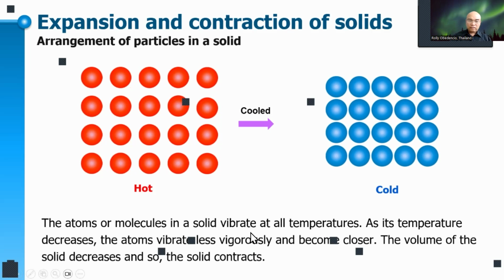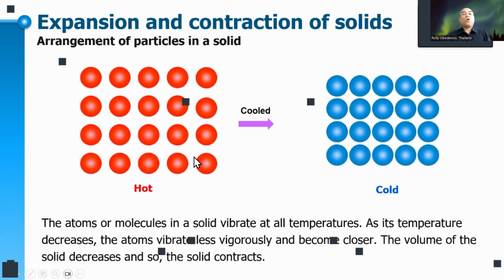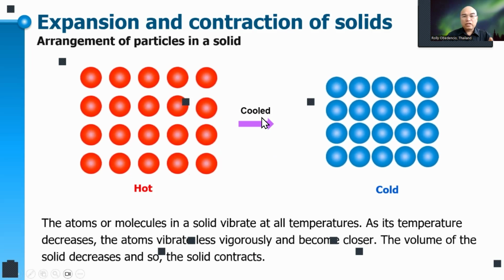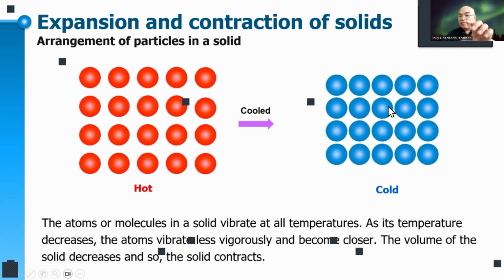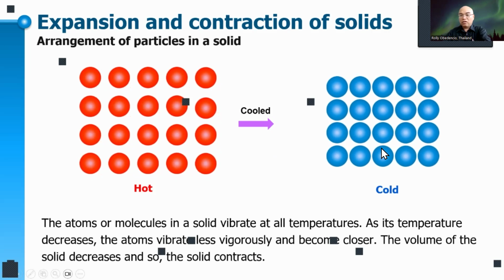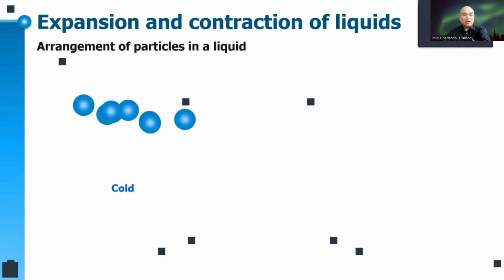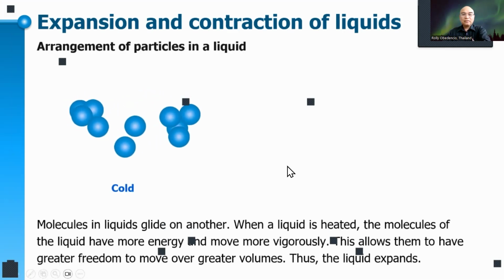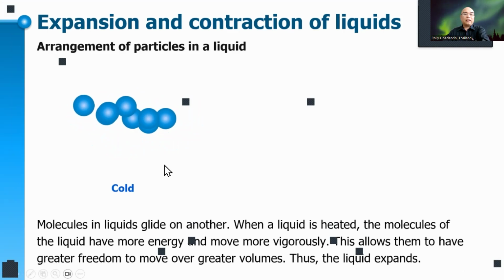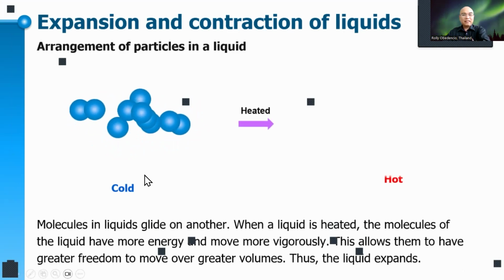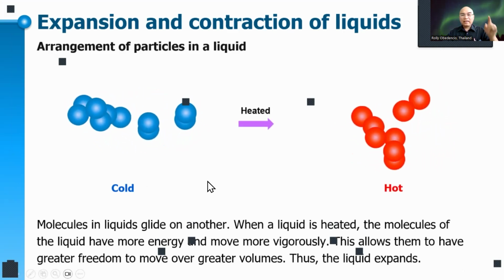You see, the volume of the solid decreases, and so the solid contracts. So when the hot molecules are cooled off, they move like this so slowly when already cold. All right? Now look, what about when they are cold like this? And then when heated, look at them.